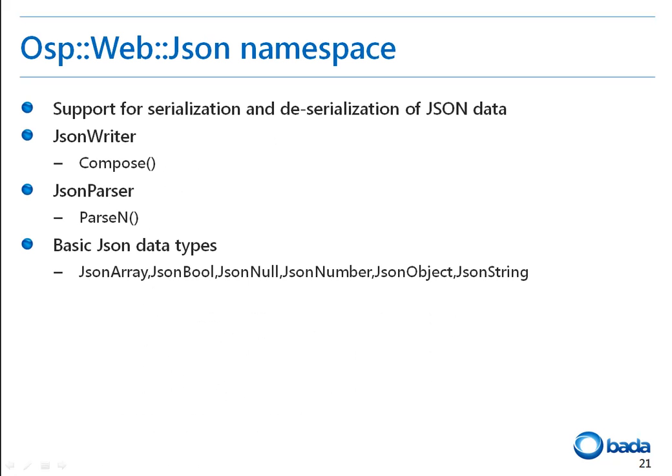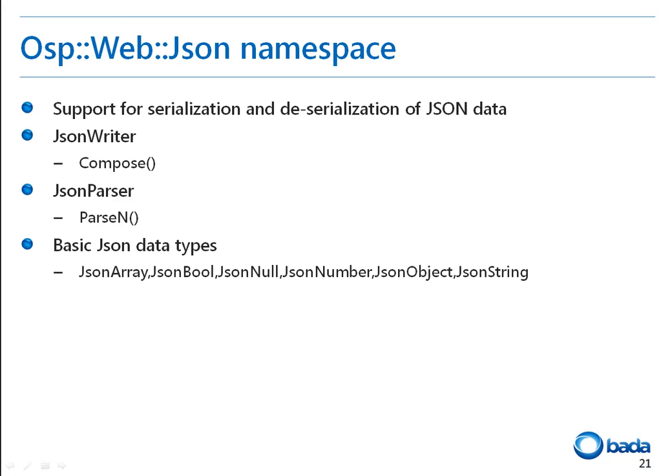The classes of the JSON namespace provide support for serialization and deserialization of JSON data. The compose method of JSON Writer is used to serialize JSON encoded data from the JSON value to a buffer. And to parse the JSON data, the parse_n method of the JSON parser class can be used.